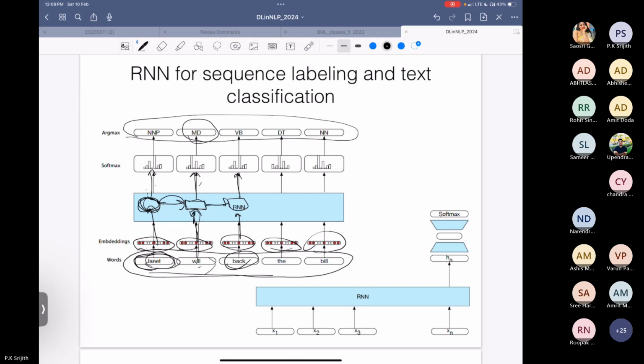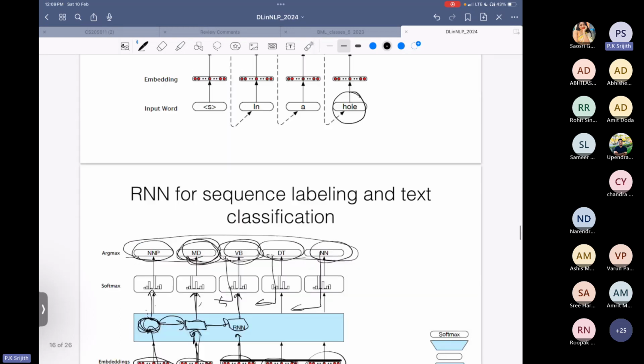And the way you train RNN is that you compute an error or loss function for each of these different part of speech tags that it predicts. Okay, you can compute a loss function, and then you can do a backpropagation over time to learn these different parameters.